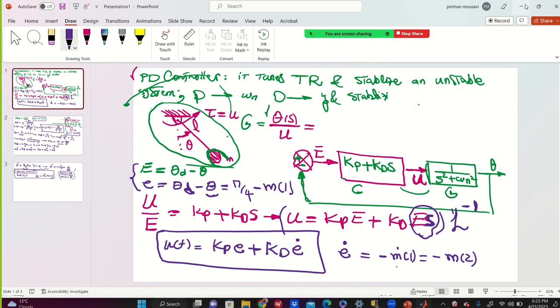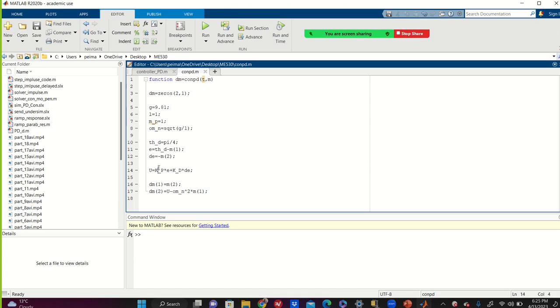So now you have U, the PD controller. This is the error signal. This is the derivative of the error signal. And this is the desired angle.